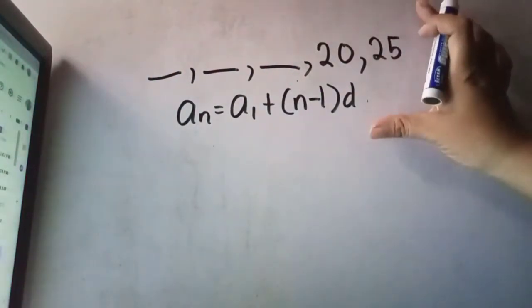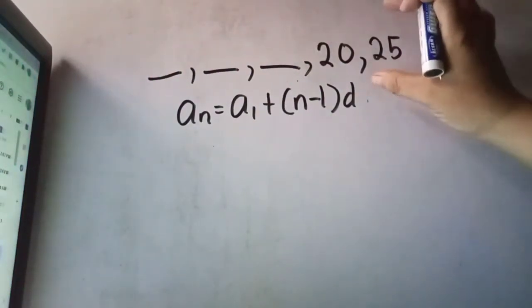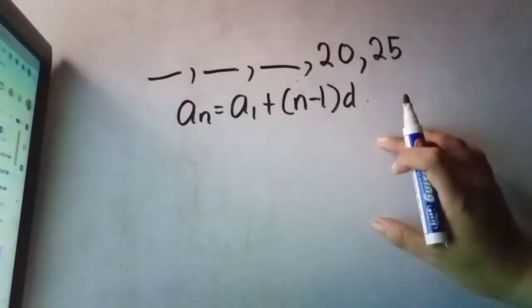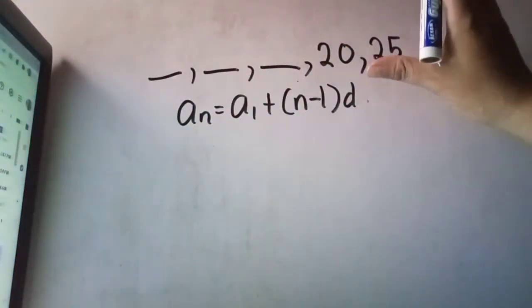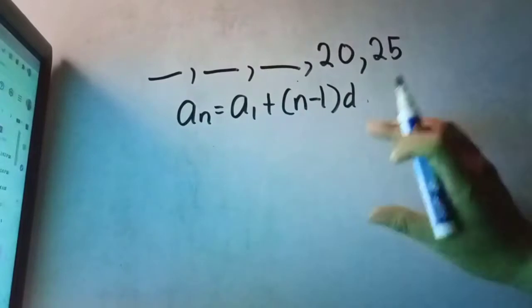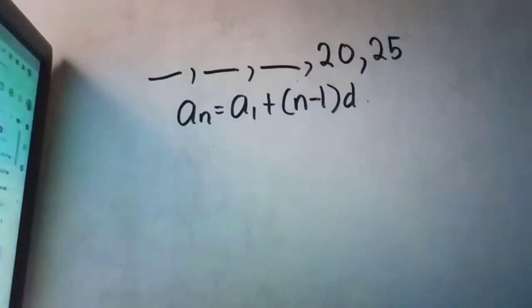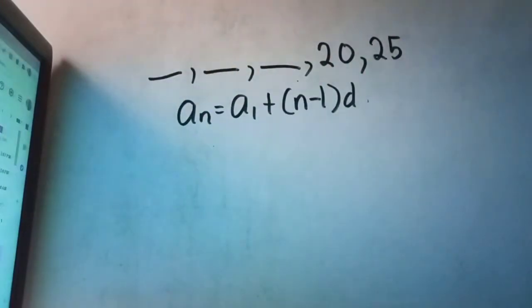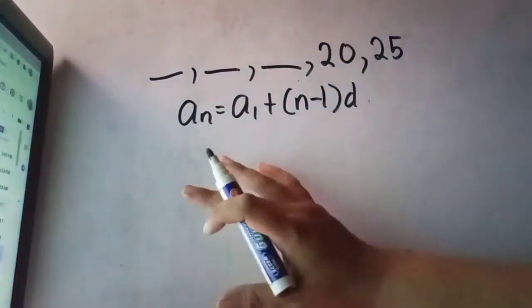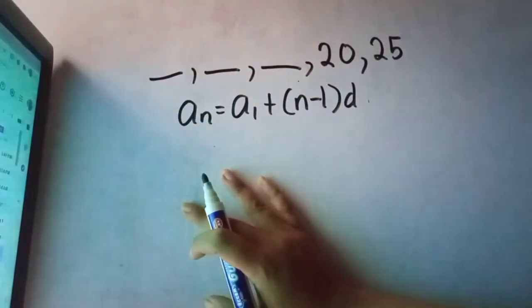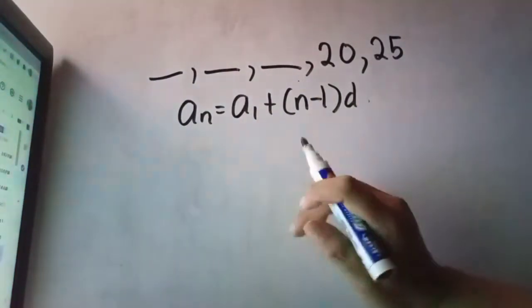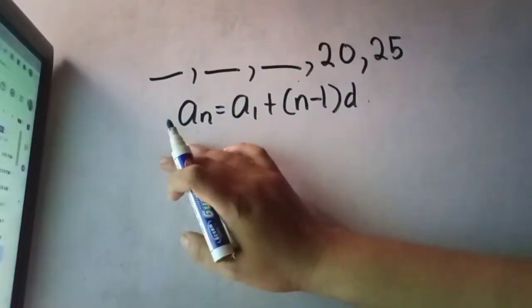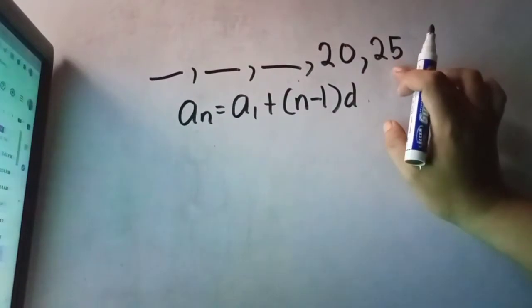Pero yung ating d, alam natin, kasi 25 minus 20. It is only, kapag sa arithmetic sequence lang. So, ang hahanapin natin ngayon is yung first term, second term, and third term. So, wala nga ang ating first term. So, ang gagawin natin is substitute natin. So, halimbawa, we have 25.